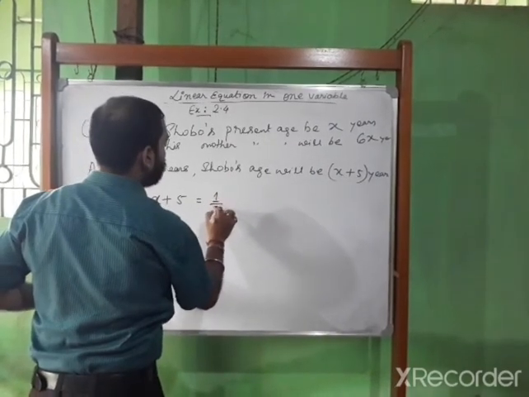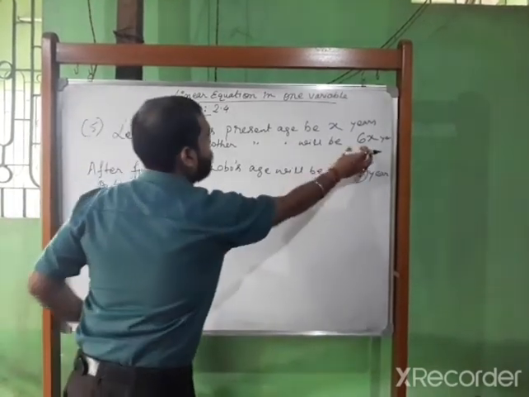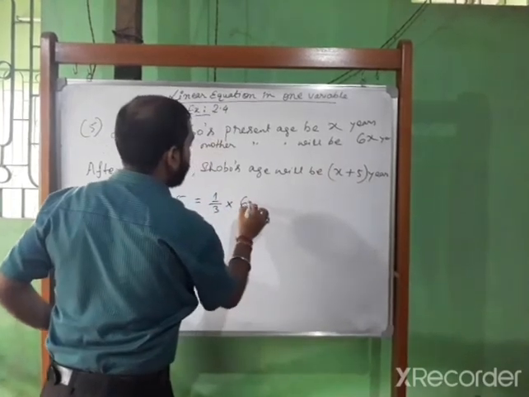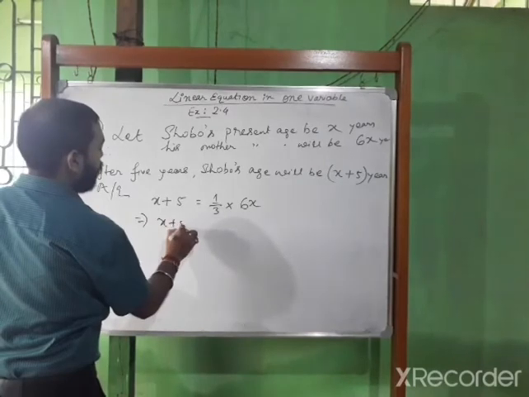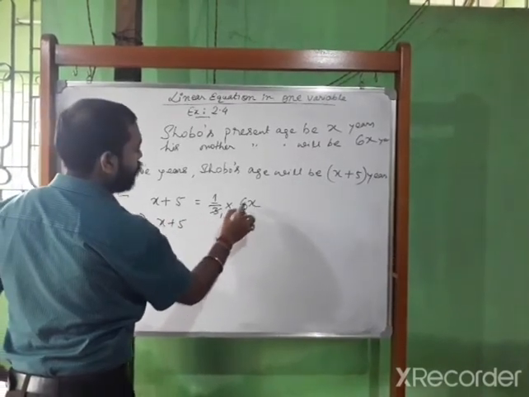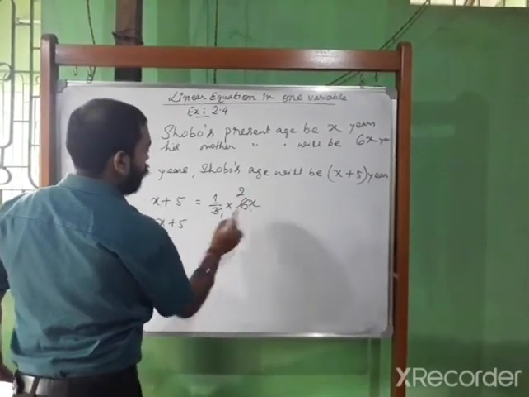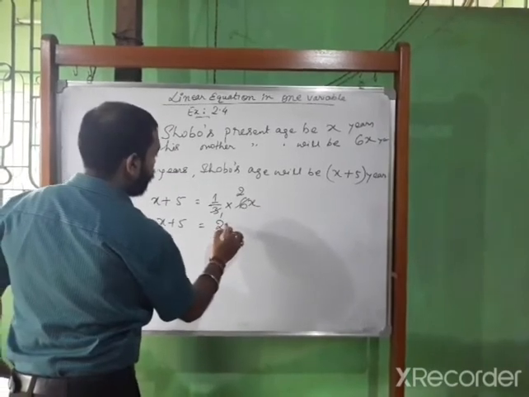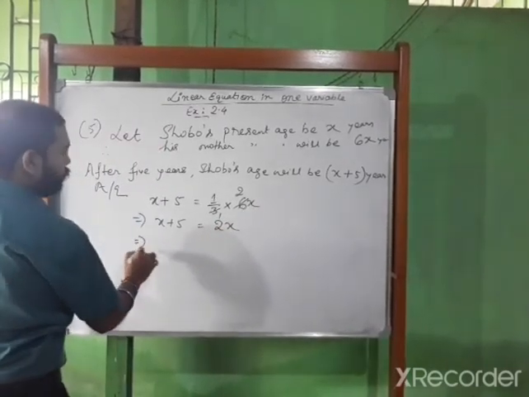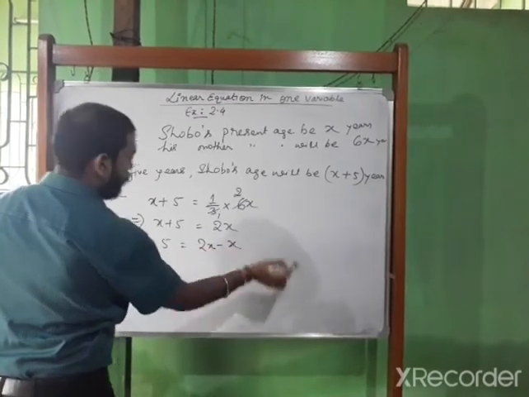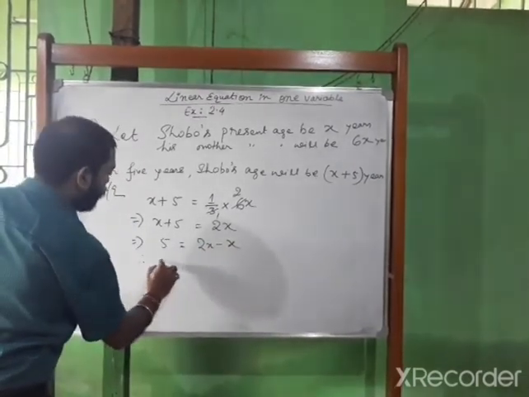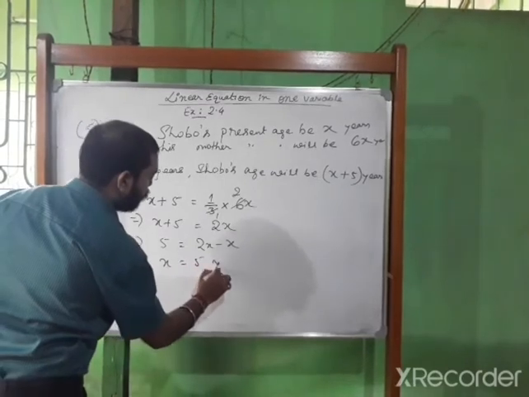So mother's present age is 6x. Now let us calculate it. So x plus 5 equals, we can reduce here, 3 1 is 3, 3 2 is 6, so it will be 2x. So 5 is equal to 2x minus x. Therefore, we can say x is equal to 5 years.